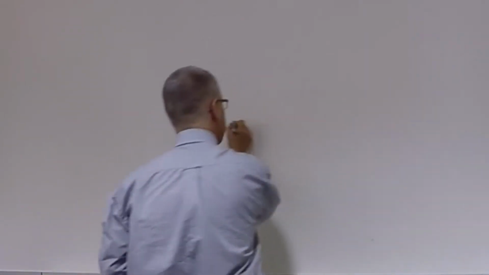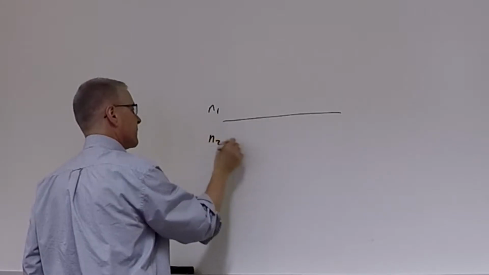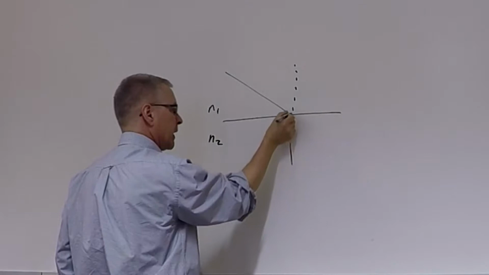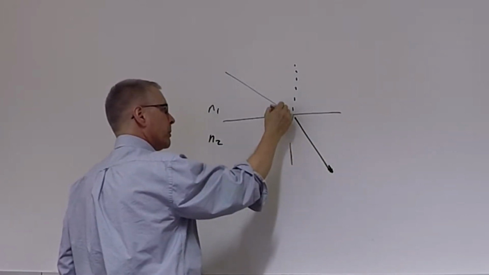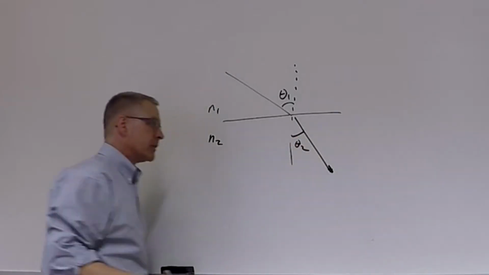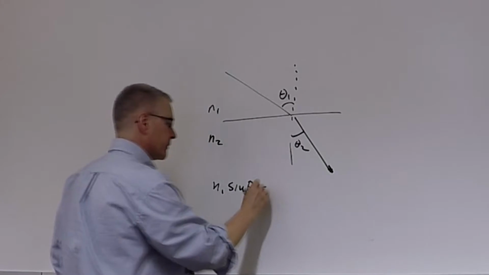So we're talking about refraction, and just as a reminder, if you've got two materials with a different index of refraction, that light will refract or bend as it goes across that interface. How much it bends depends on Snell's law.